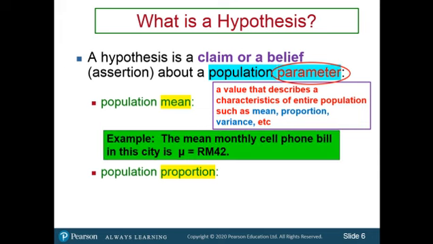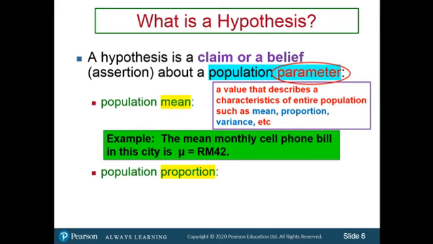Then we have to write a hypothesis based on the population mean. Here is an example. The mean monthly cell phone bill in the city is equal to RM42. So we use the symbol mu to represent the population mean equal to RM42.